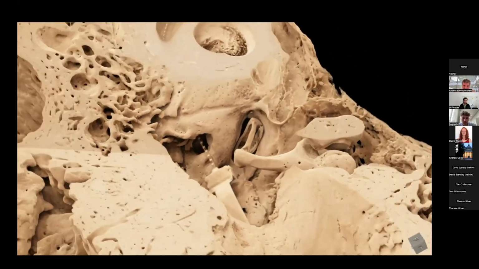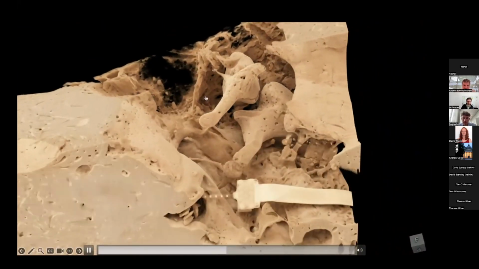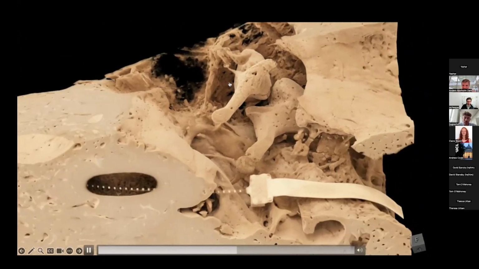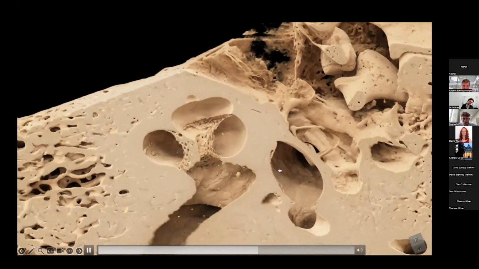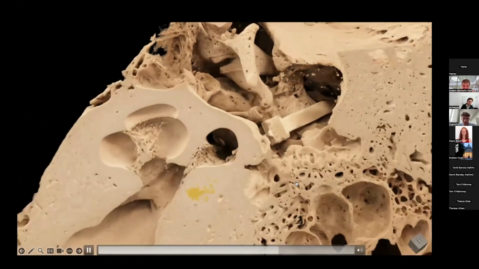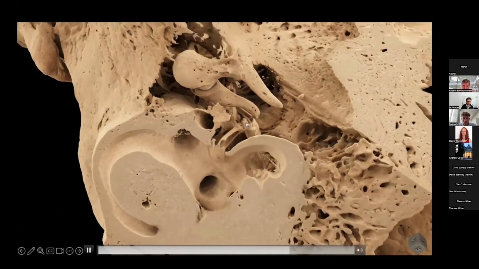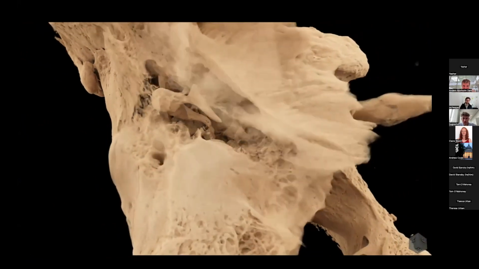And here on the right side, we have a look into the middle ear with the 3 ossicles, the incus, the malleus, and the stapes. And the implant here goes into the cochlea. And if we cut it at the back, you really see where the stapes can push in and out of the cochlea.